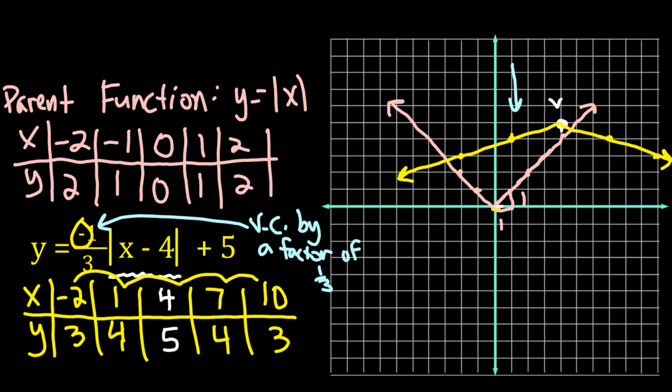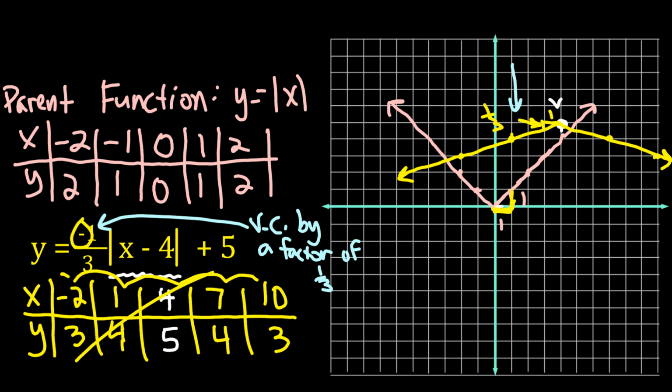Well, on this yellow graph, we go over 1 and then down 1/3. And that's because it was pushed vertically by a factor of 1/3. And so every time you would go over 1, up 1 on the pink one, you'll go over 1, down 1/3 on the new graph, on the offspring function.